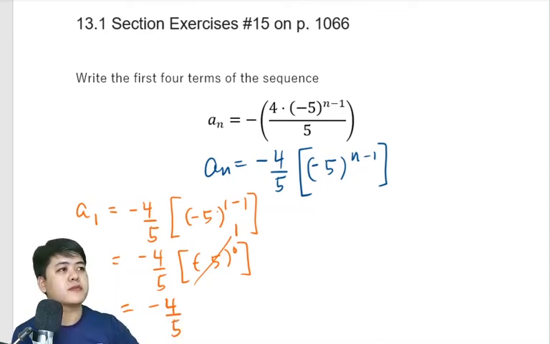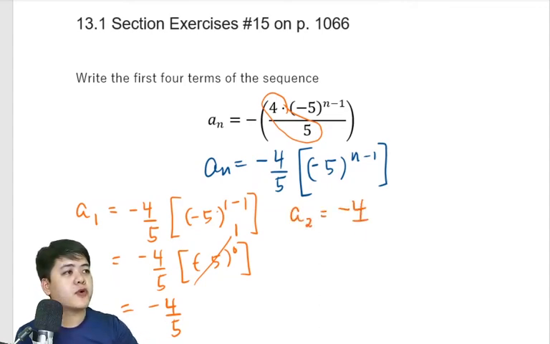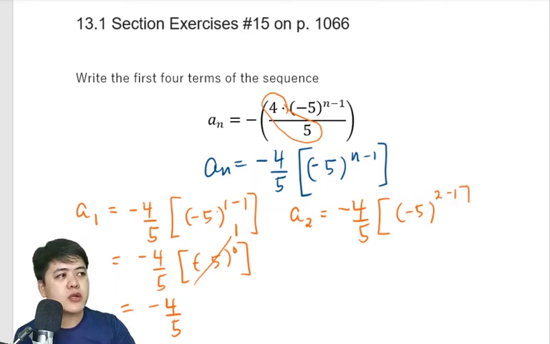Second term, okay, ulit itong 4 over 5, inilabas ko to. Itong part na to. 4 over 5, nilabas natin yan. Gawin natin siyang ganito, negative 4 over 5. So to get a sub 2, we substitute 2. So we'll get negative 4 over 5 times negative 5 raised to 2 minus 1. Negative 5 raised to 2 minus 1, that's 1.